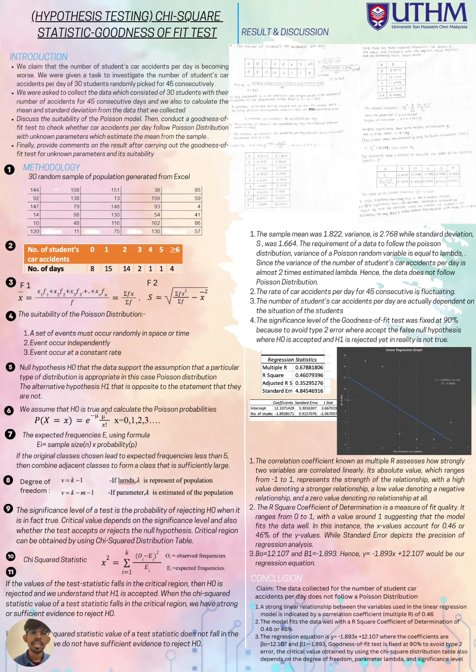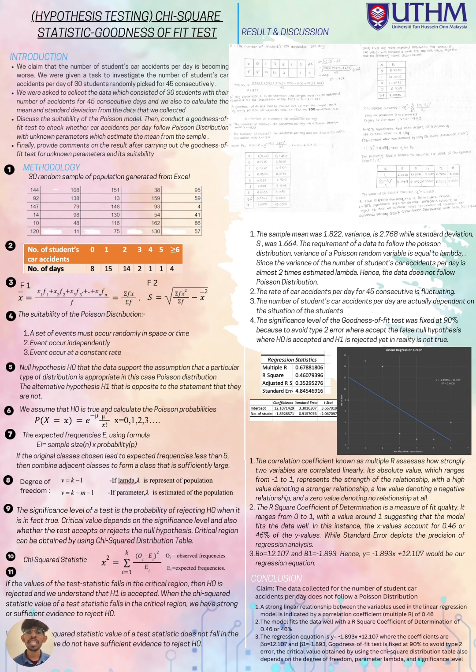Then I move to the discussion. From our observation, the data I collected does not follow the Poisson distribution. From our calculation, the sample mean was 1.822, variance is 2.768, while standard deviation is 1.664.